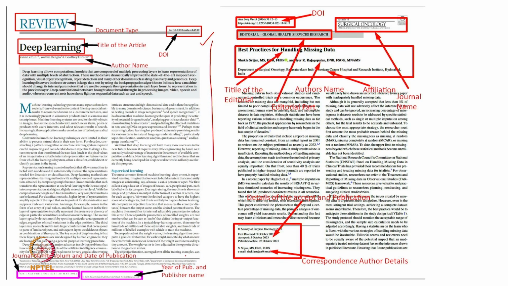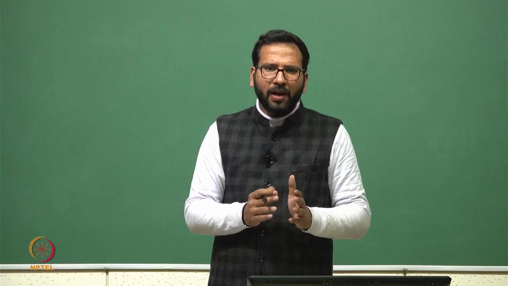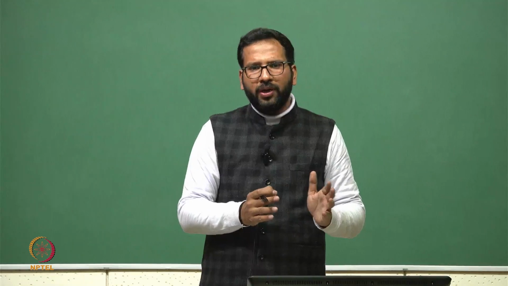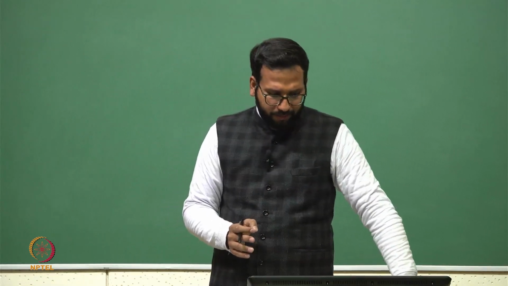It is published in the journal Nature, the year is 2015, and the DOI is there. The key difference between the article and the review paper is the content of each document type. Other than that, the attributes are more or less similar in both.